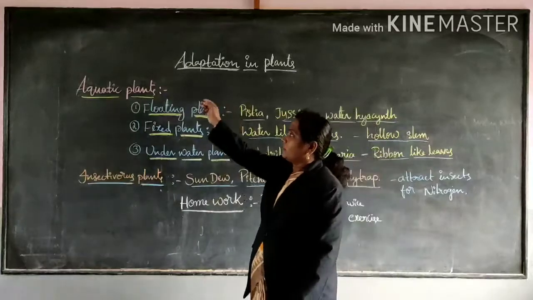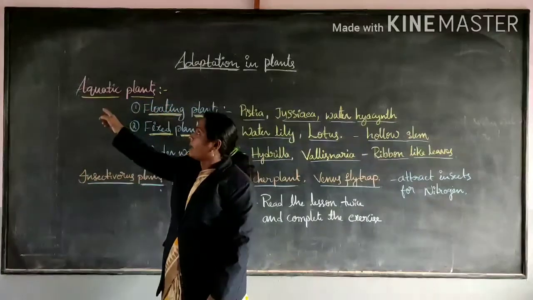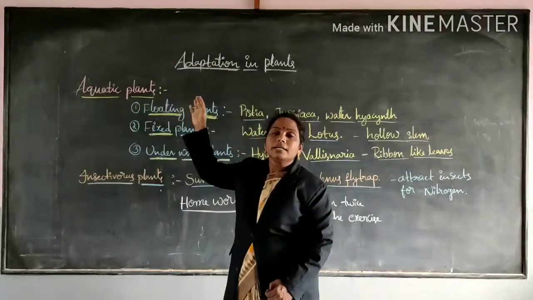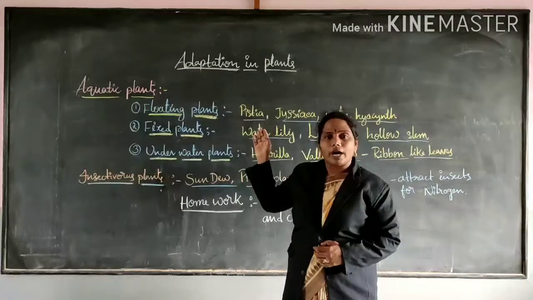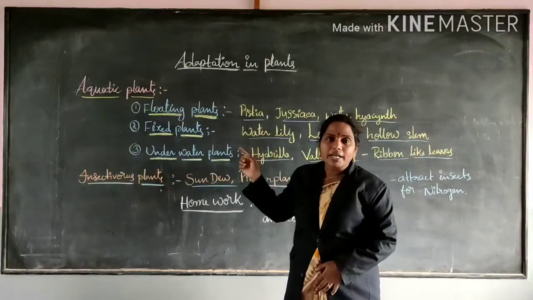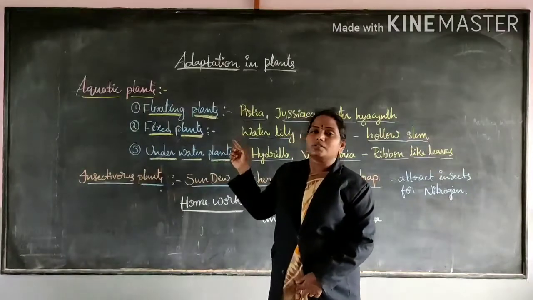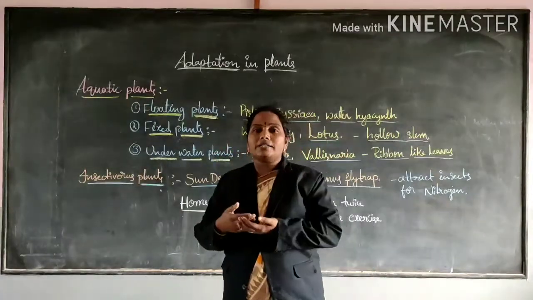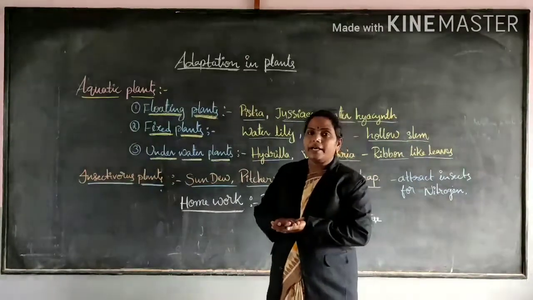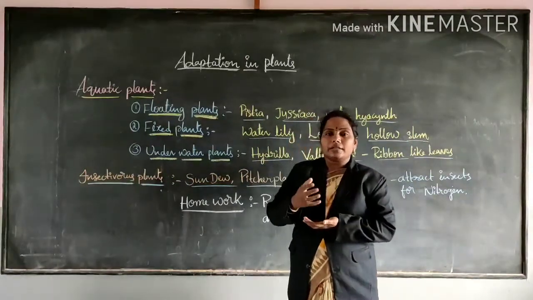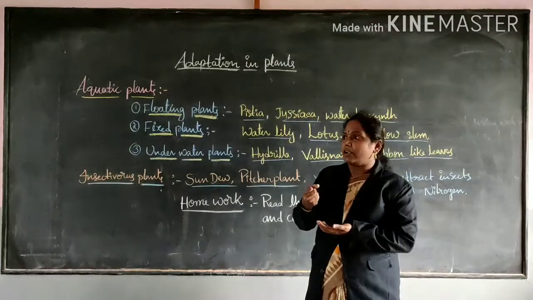Okay. Once more, let us discuss aquatic plants. Aquatic plants are the plants which grow in water. They have stomata on the underside and upper side of the leaf, and they take in carbon dioxide which is dissolved in water.